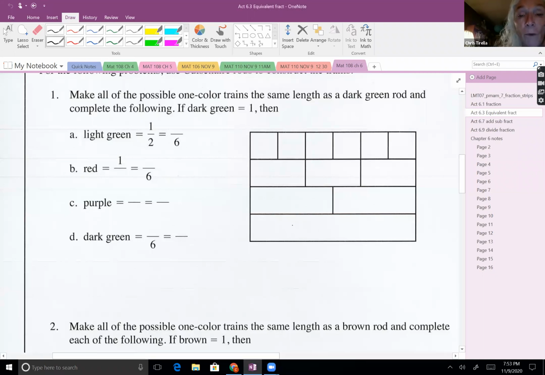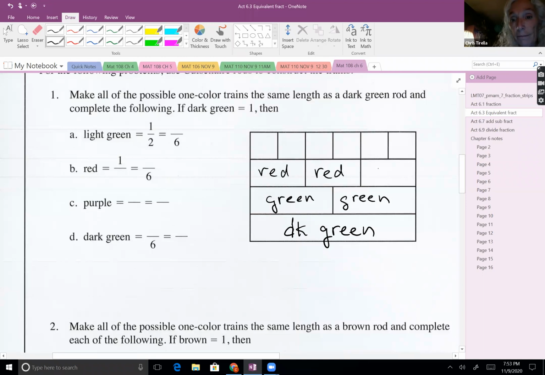This bottom one is the dark green, and then these 2 others should be your light green, and then these should be your red, and these should be your white. I'm just going to put W's in for white because I can't write that neatly.